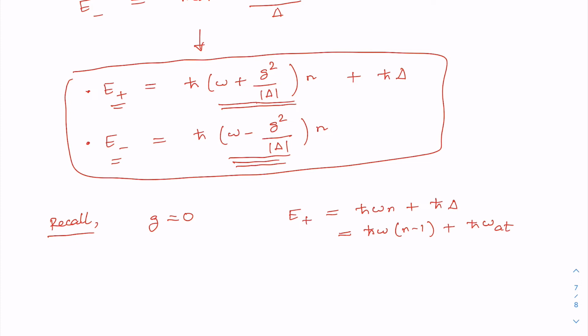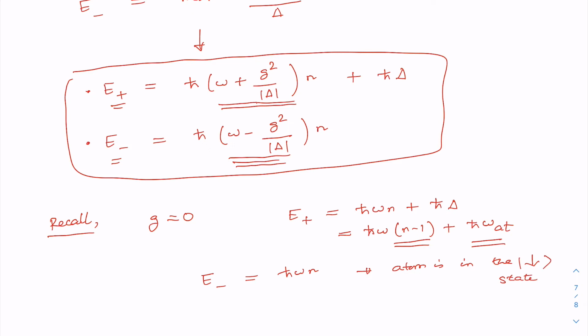So the atom is in the excited state, and in the field mode there are n minus 1 photons. On the other hand, we had another energy level that was simply h cross omega n. Here n photons are in the field and the atom is in the ground state, the down state. Okay, this we already know.